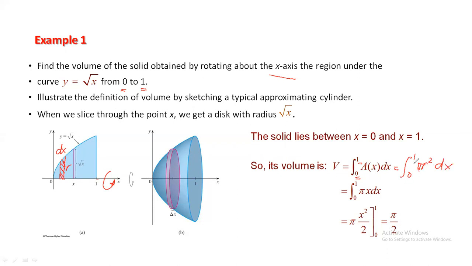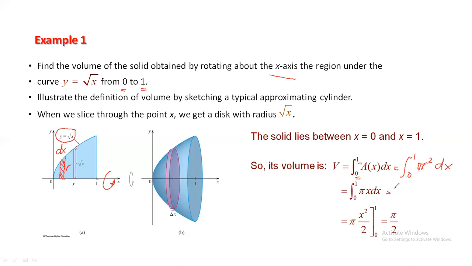What is the r? The r alone is the equation of this curve, y equal to the square root of x. That's your r. From here to here is your y as a function of x, which is square root of x. If you're going to square it, that's the reason why you have here pi x.